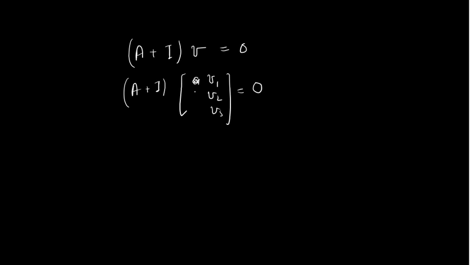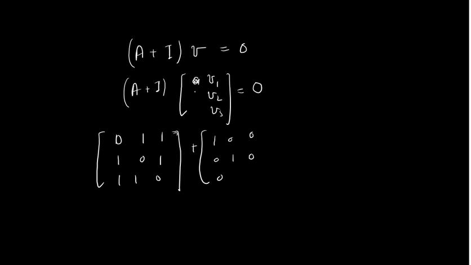We have to evaluate the values of v1, v2, v3. A is given to us as 0 1 1, 1 0 1, 1 1 0, and we add I, an identity matrix.